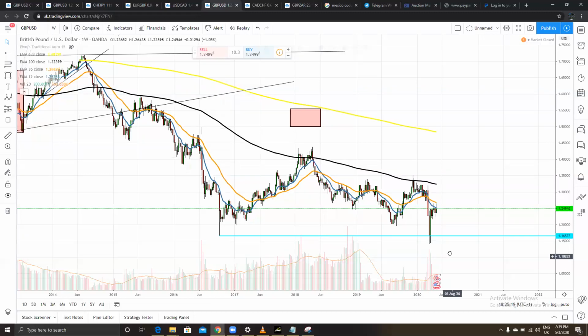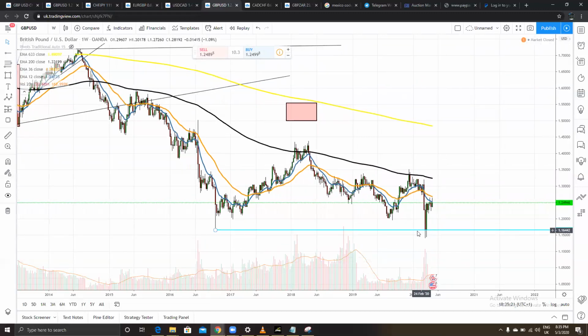These buyers are opportunistic buyers taking advantage of low prices, all right? And they push price up, and where they're getting to now is that 36 EMA. This is the area whereby we now need to be careful to be a buyer, because at the 36 EMA, we can find sellers rushing back in to change direction.